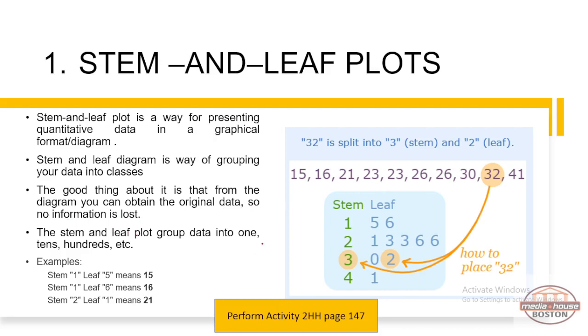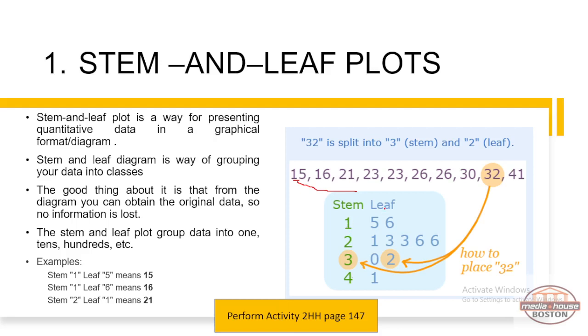For example, if the following information was collected, you can use a stem and leaf plot to plot all of it. All of the values are within the tens, so your stem and leaf plot will represent the tens by one digit: 1 represents the 10s, 2 represents the 20s, 3 the 30s, 4 the 40s.